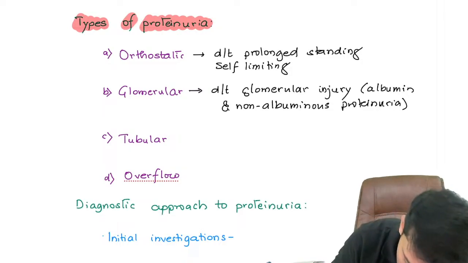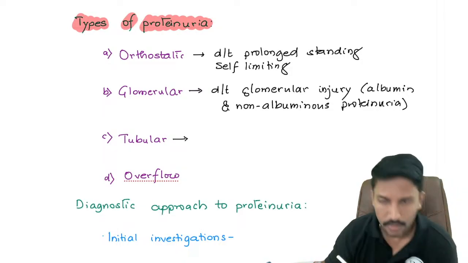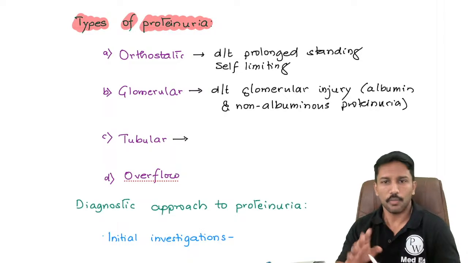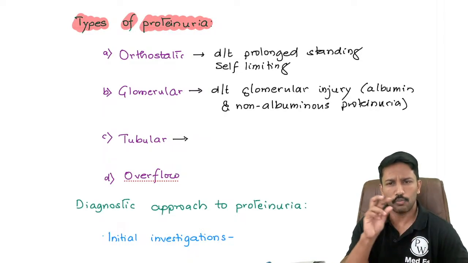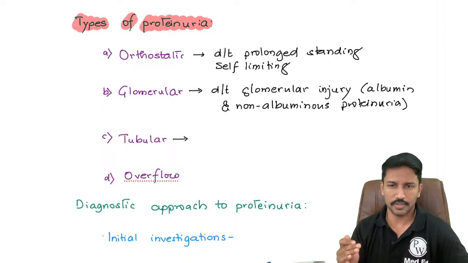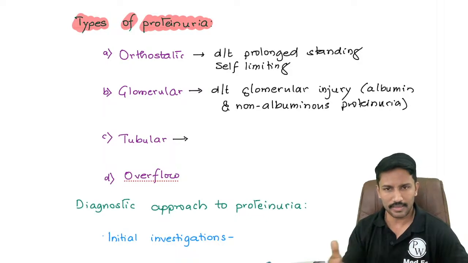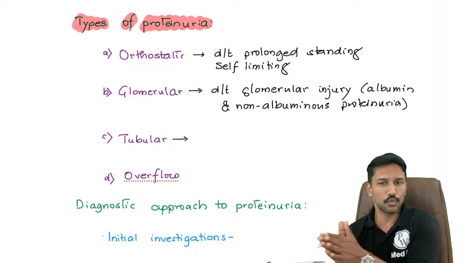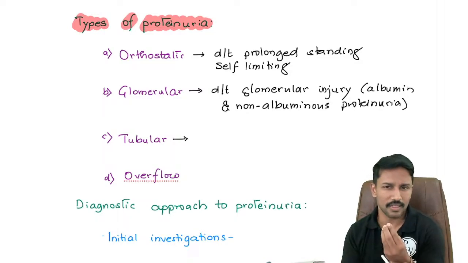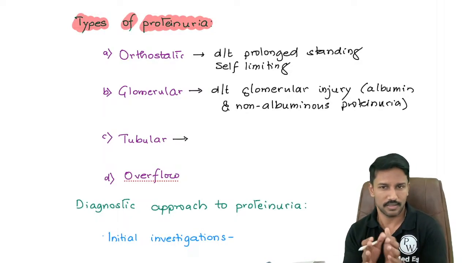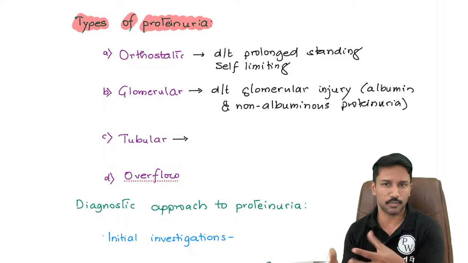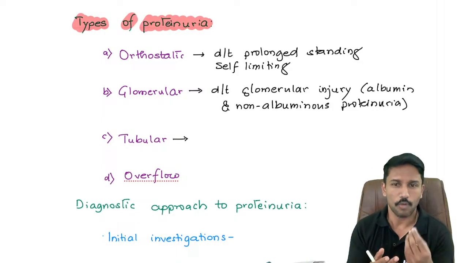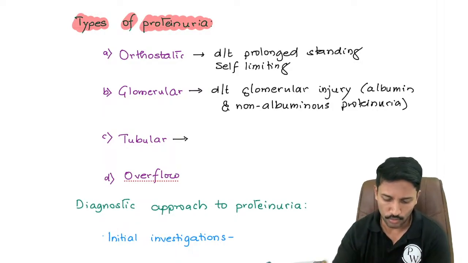Okay. Now, tubular proteinuria. Now, normally what happens is some small molecular weight proteins reach the tubules, reasonably they are reabsorbed, and then some are lost. So when there is tubular injury, we will also lose some amount of proteins. These are basically small molecular weight proteins. This is usually non-albuminous proteins, mainly comprising of Tamm-Horsfall protein and other small molecular weight proteins.